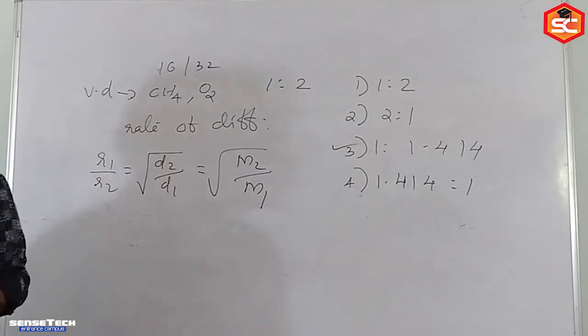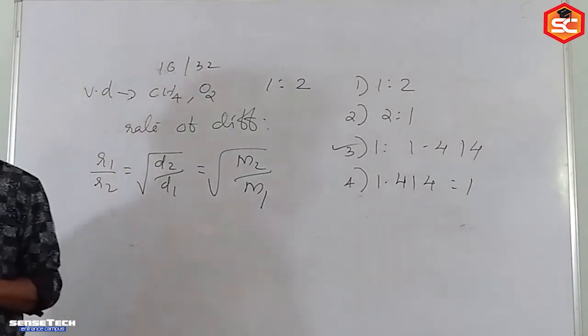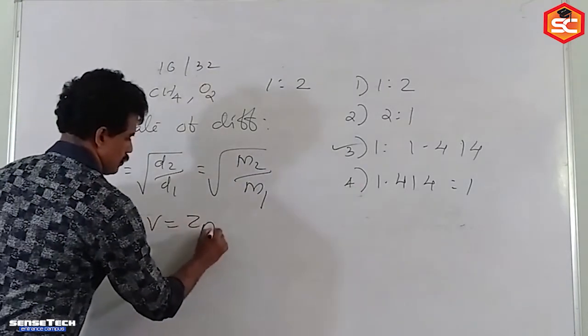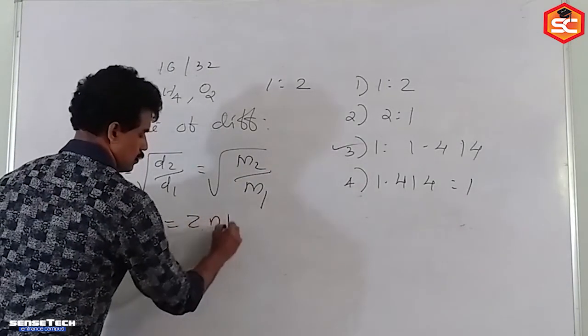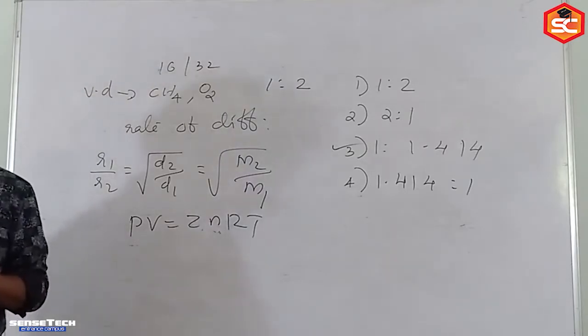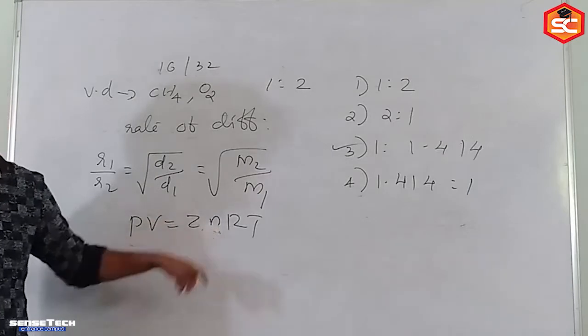So the ideal gas equation, what is the exact form of the equation? PV is equal to ZnRT. What is Z? Compressibility factor. For an ideal gas, what is the value of Z? Z is equal to 1. So PV is equal to ZnRT. Then n, you know, is given mass by molecular mass.